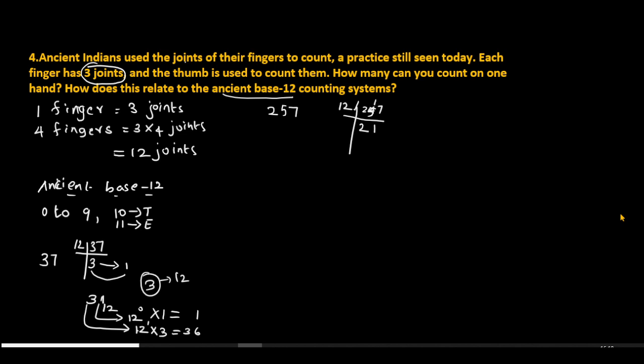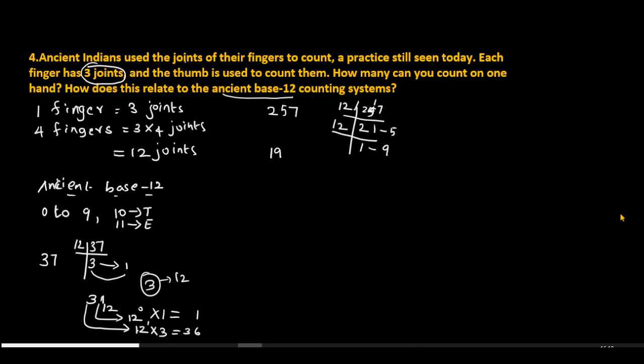Then 1 times 12, remaining 5. Now one more division you can make: 12, 1 time 12, remaining 9. So how to write in the ancient method?